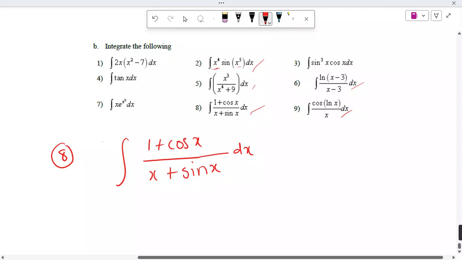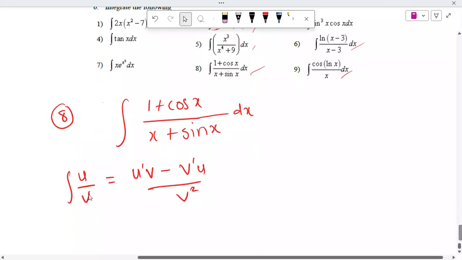For this one, I think the best way is using the quotient rule, because here you don't seem to have any method which can work best except the quotient. The quotient rule is the one where we say u over v has derivative u prime v minus v prime u over v squared.